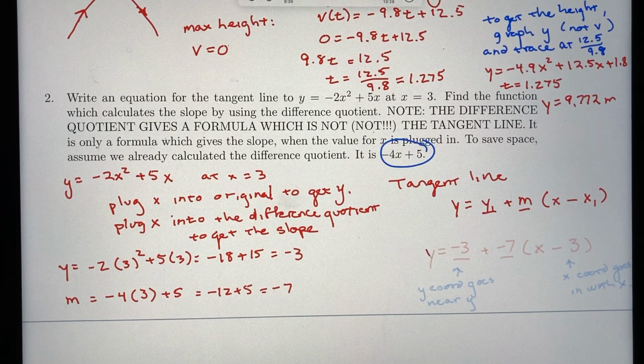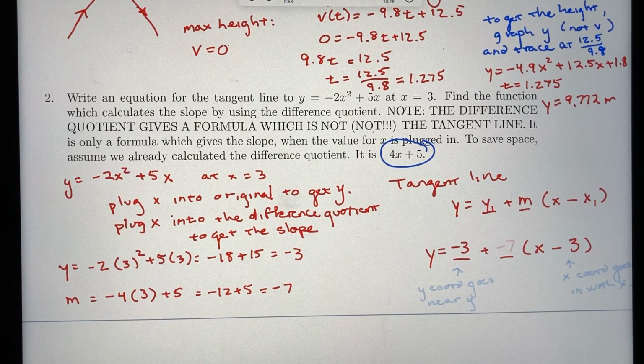Once you've done that, the tangent line is just, okay, let me fill in the blanks for you. I really prefer point slope form because you plug in the point. Let's see, what do we have? 3 comma negative 3.